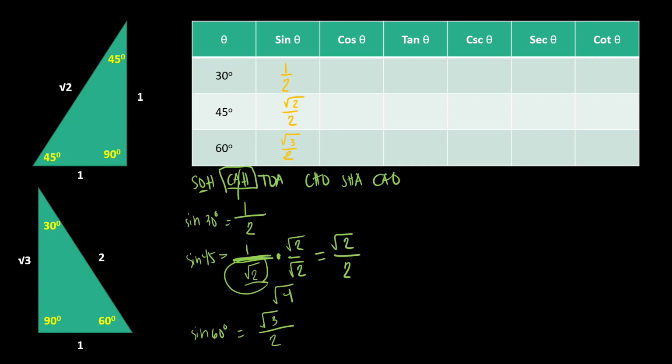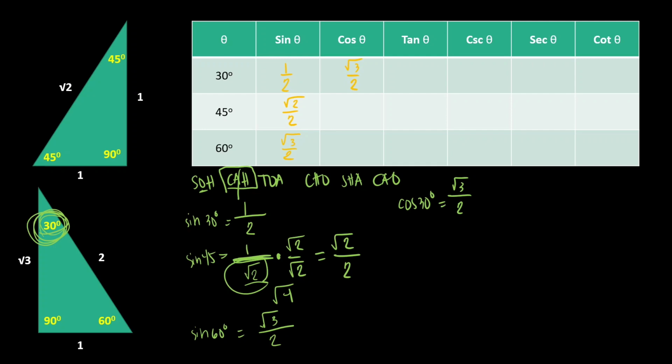Let's focus on the 30 degree angle. Its adjacent is square root of 3 and its hypotenuse is 2. So the answer is square root of 3 over 2.